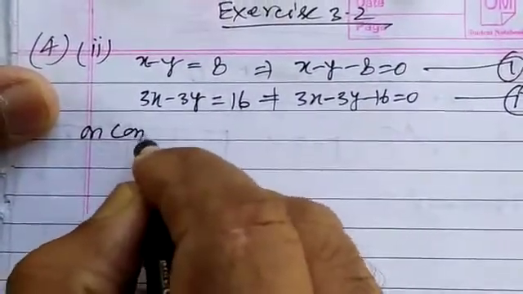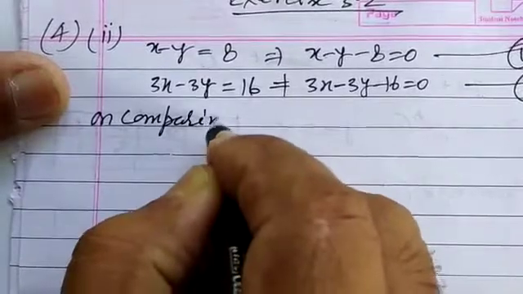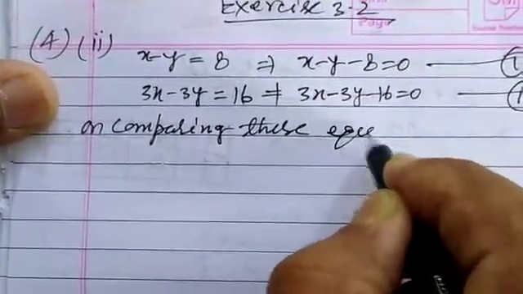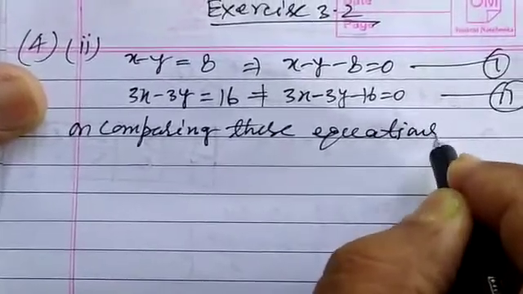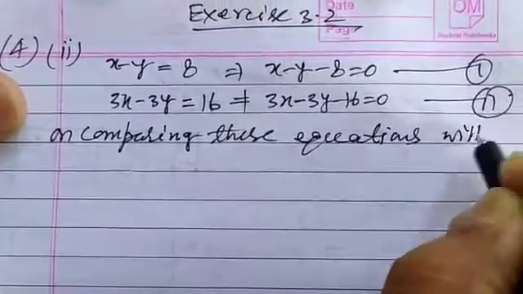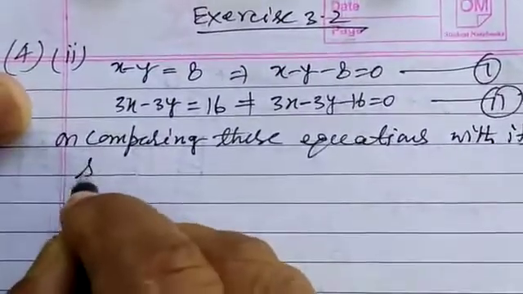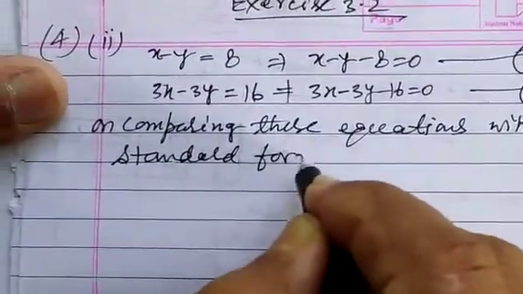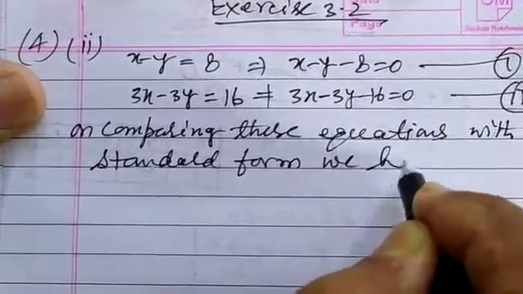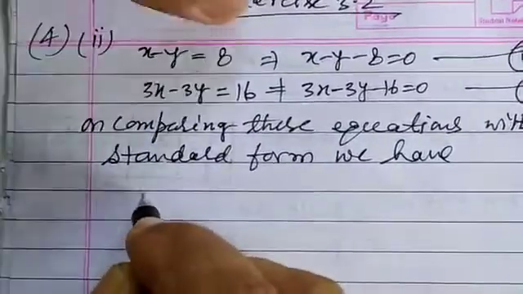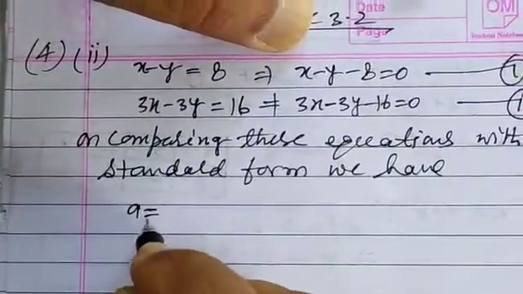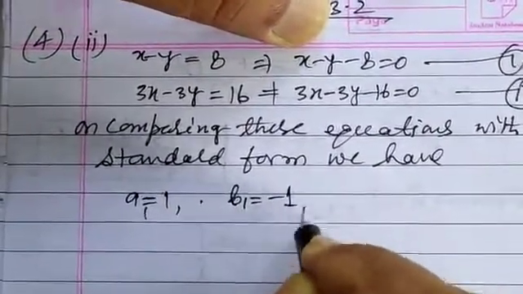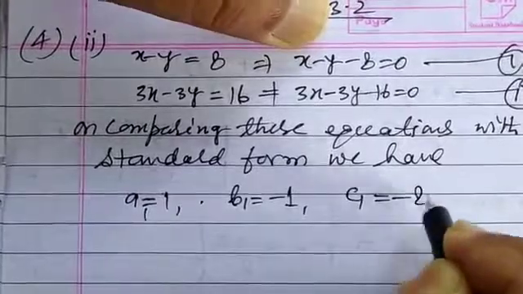On comparing these equations with the standard form, we have A1 is 1, B1 is minus 1, and C1 is minus 8.